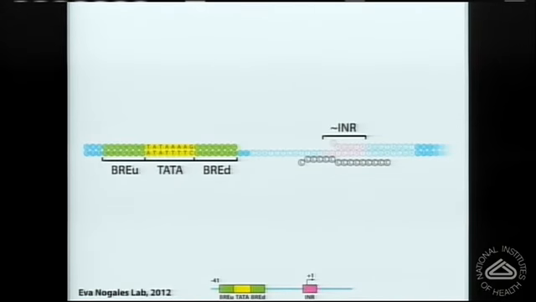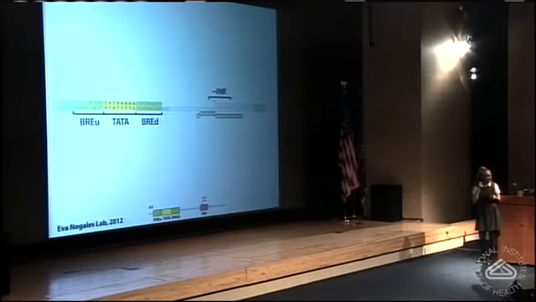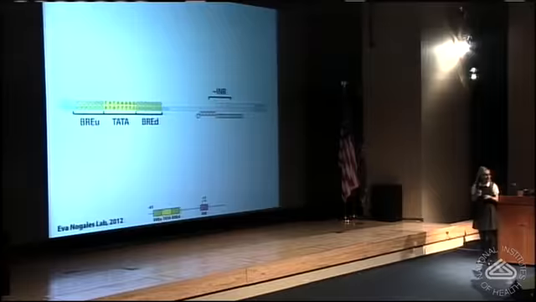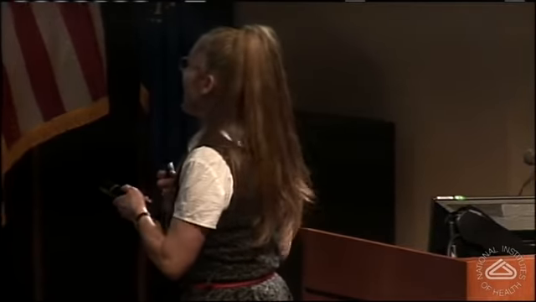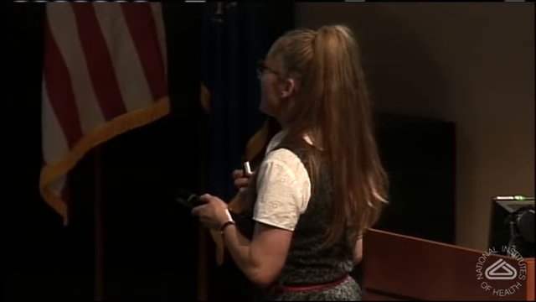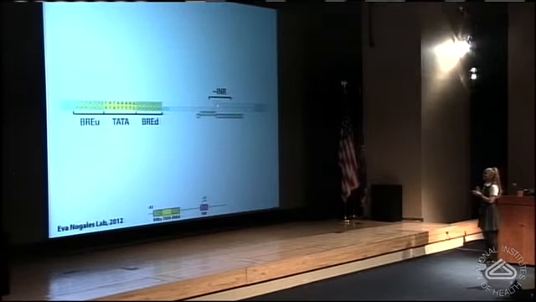To do that, we started by generating a mimic of that state using a clever template. This template is based on Patrick Kramer's template for obtaining the crystallographic structure of yeast Pol II in a backtracked state. And what we have is a very small region of DNA-RNA hybrid.